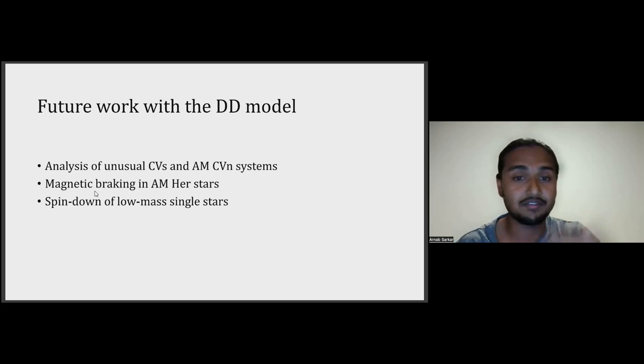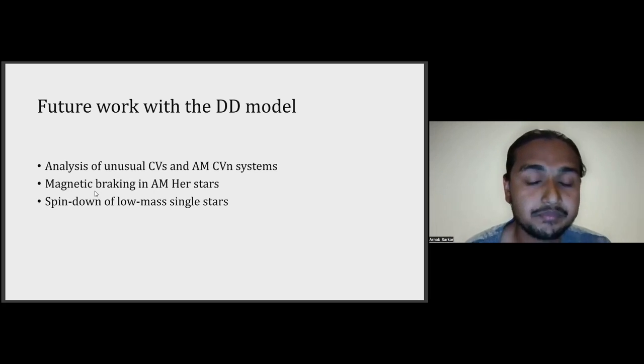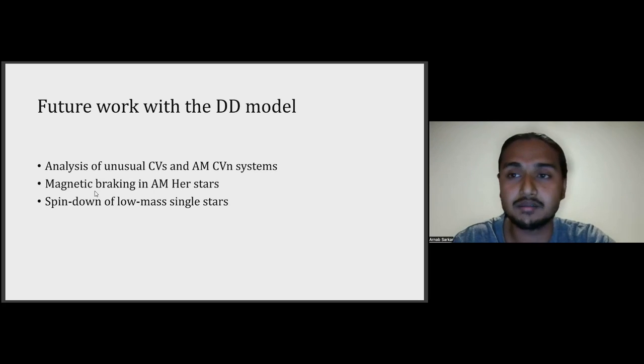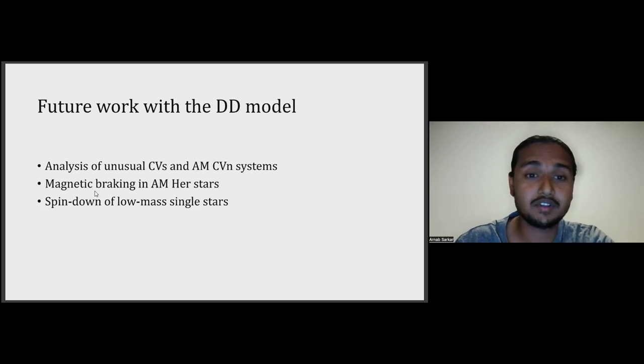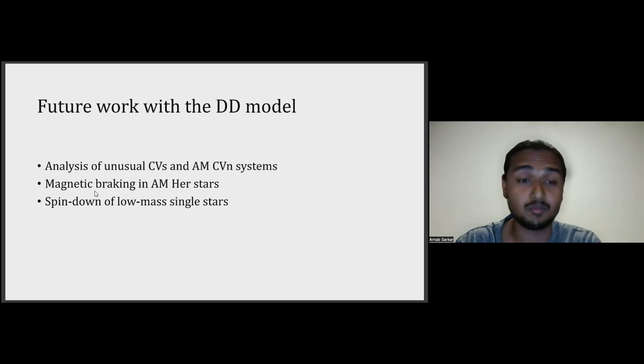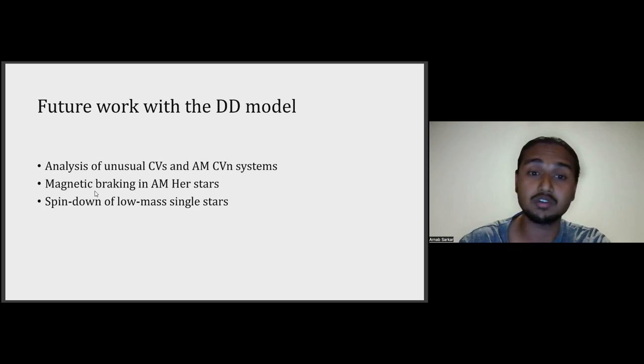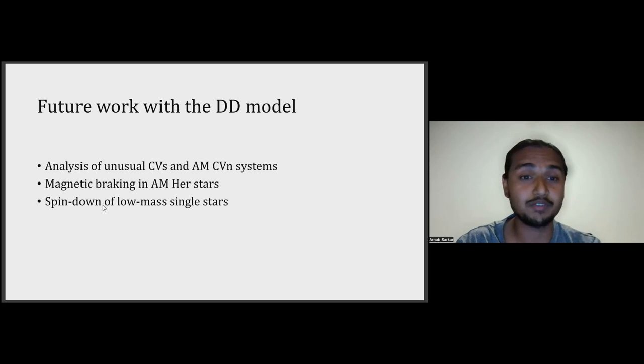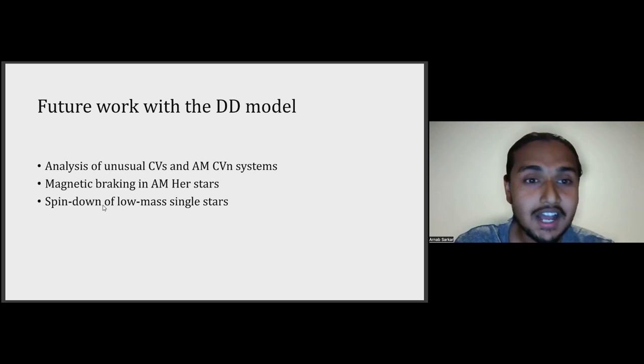A very strong magnetic field can amend the magnetic braking of canonical CVs, and we can also model that. And finally, we can also look at how the DD model would spin down some low mass stars. We are also working on this, and I hope we get good results with it.